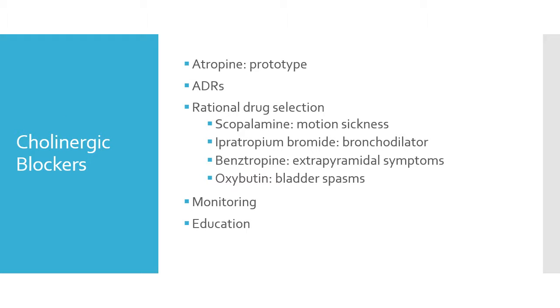So atropine is our sort of prototype cholinergic blocker drug. Cholinergic blockers completely block the action of acetylcholine at the muscarinic receptor. So what these drugs do is they dry out the patient, okay?